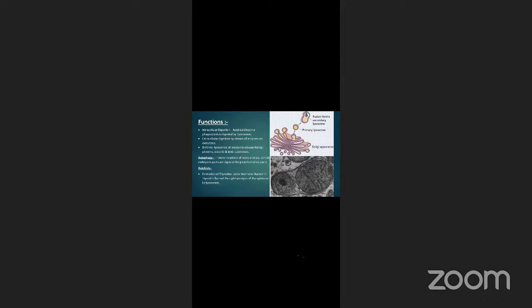Then secondary lysosomes, also known as heterophagosomes or digestive vacuoles, are produced either from phagocytosis or pinocytosis of foreign material by a cell, forming phagosomes or pinosomes.